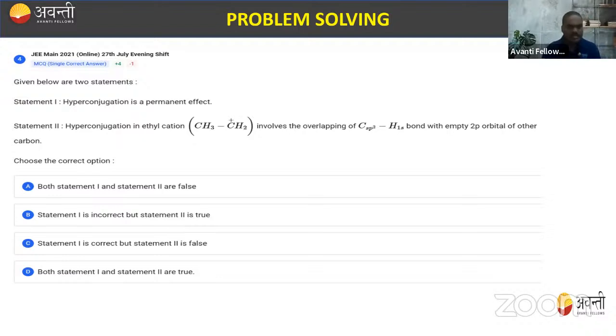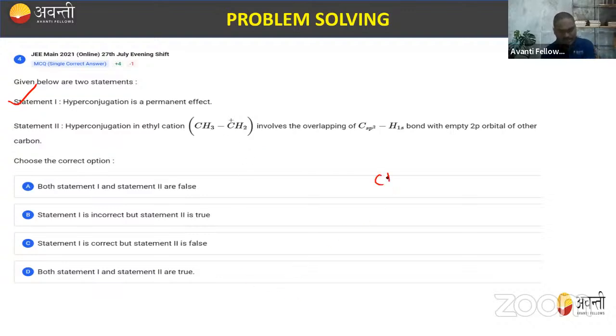So hyperconjugation is a permanent effect. This is very much correct, right? So it is a correct statement that hyperconjugation is a permanent effect. ये तो सही है. Now, hyperconjugation in ethyl cation involves overlapping of this.